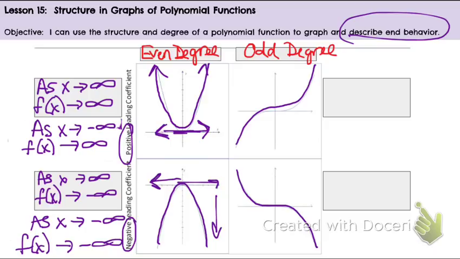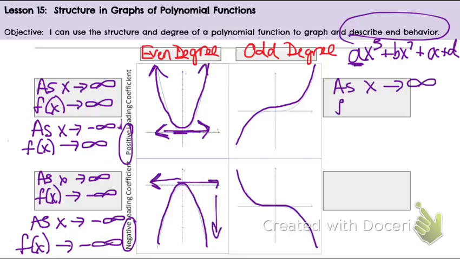For an odd degree, if you have a positive coefficient, it's going to look something like ax cubed plus bx squared plus cx plus d, and a is positive. As x goes to infinity, the function also goes to infinity.